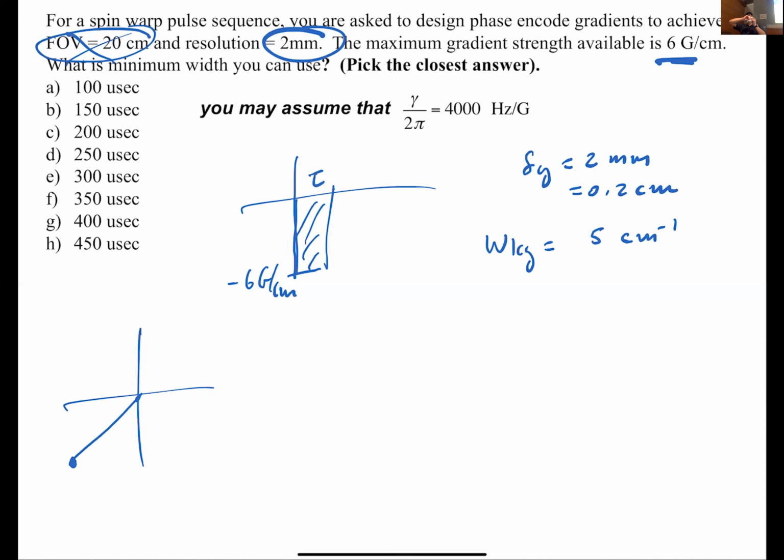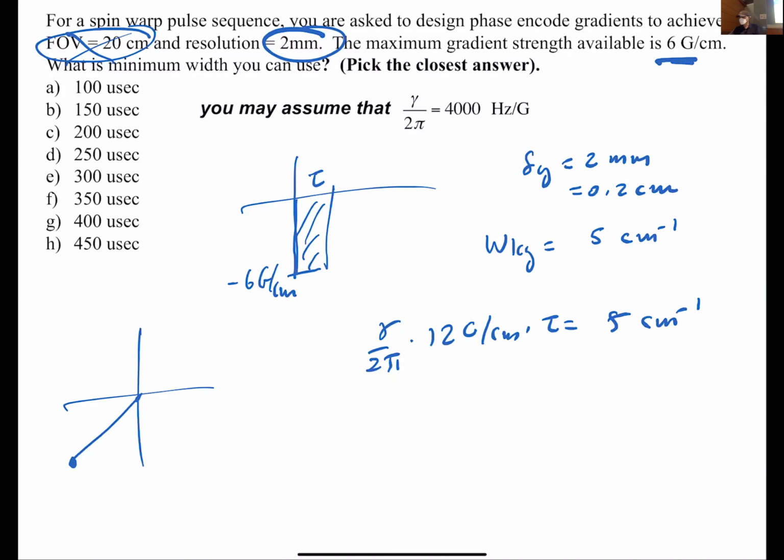If I go from minus 6 to 6, that's 12 Gauss per centimeter. So I can imagine that's the area I want to cover. So I can say gamma over 2 pi times 12 Gauss per centimeter times my tau has got to move me 5 inverse centimeters. It's got to move me from one end of k-space to the other end of k-space.